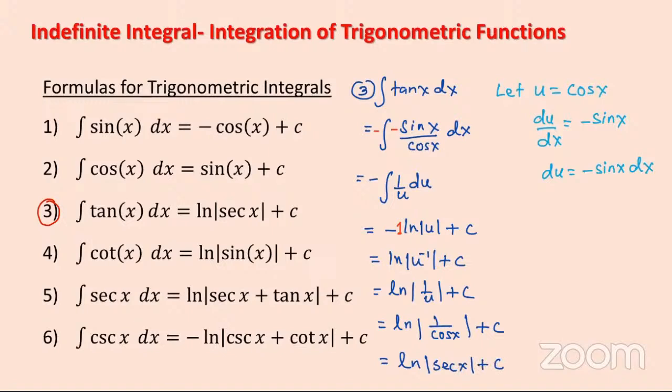So you can see that we used a simple technique of u substitution and we proved this formula. Integration of tangent x is natural log of secant x plus c, right? So u substitution is kind of powerful. It helps us find the formulas because we have not learned the derivative of absolute value of secant x, right?